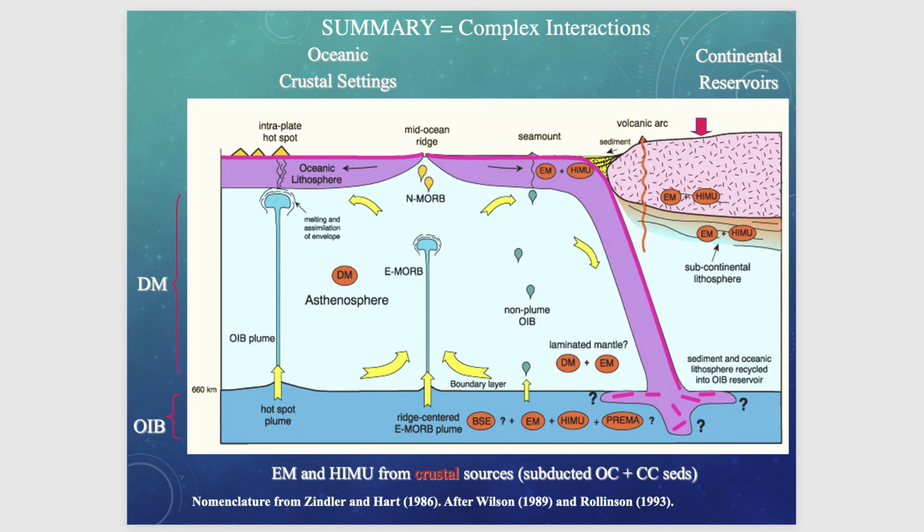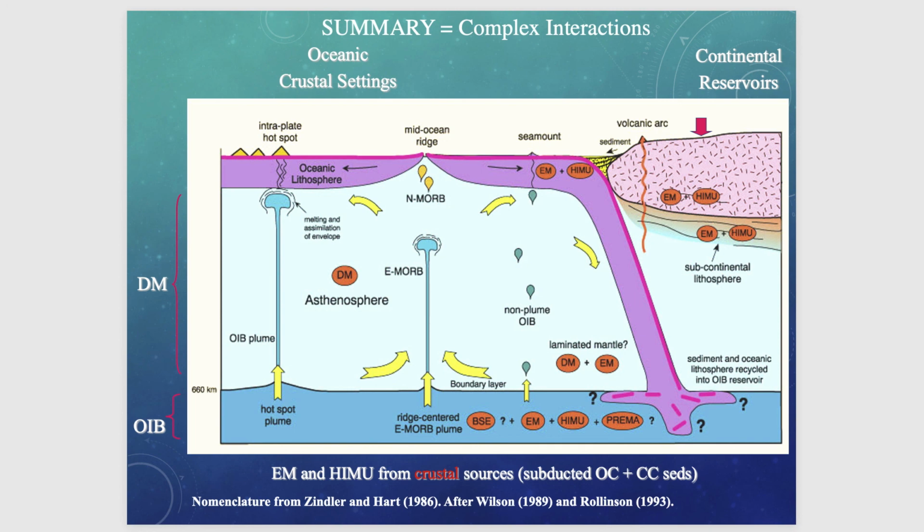In this final slide, we can complete this lecture by looking at a summary of a series of complex interactions. So we have seen that a lot of the geochemical information that we can derive from the chemical analysis of different types of basalts or gabbros can lead to a number of interpretations.